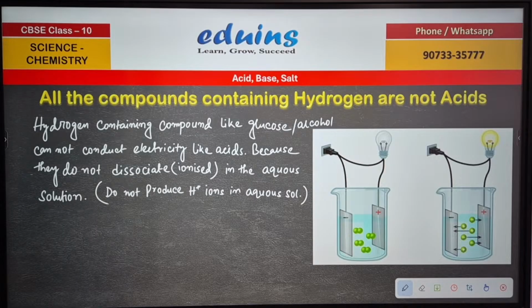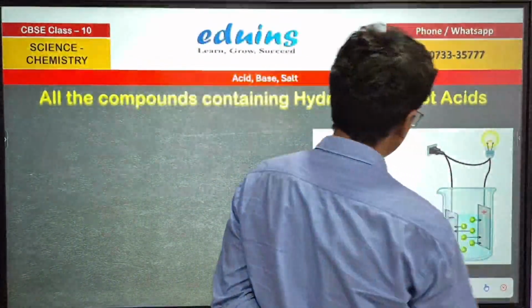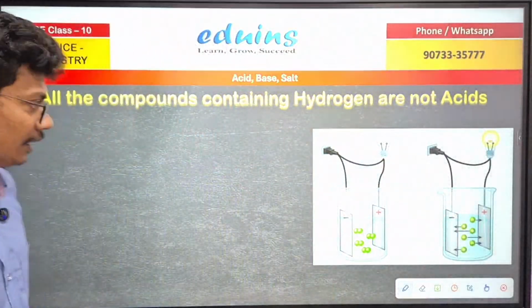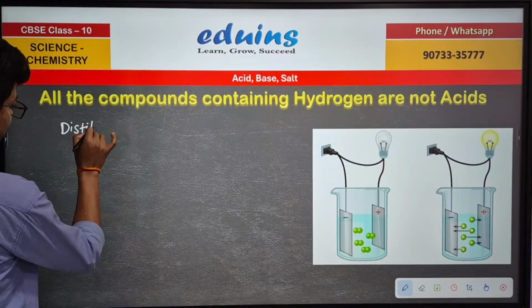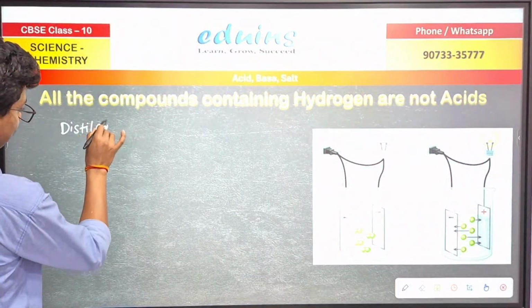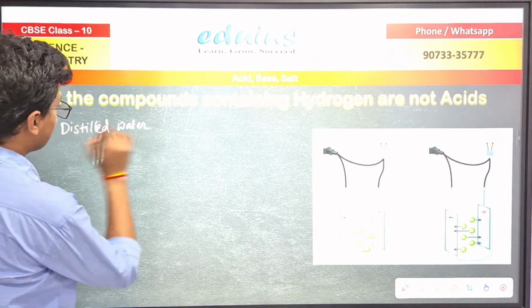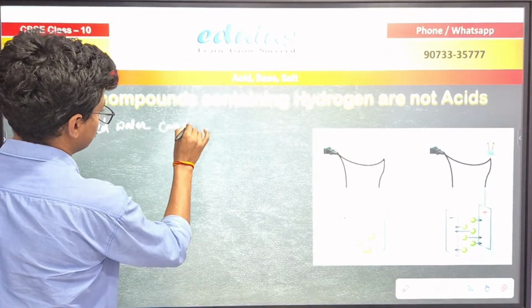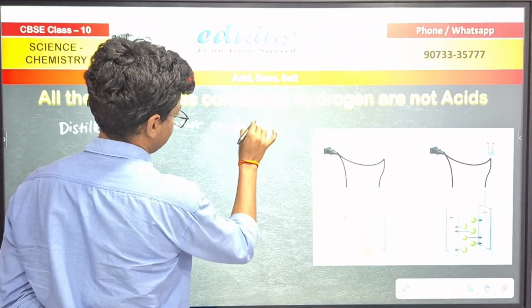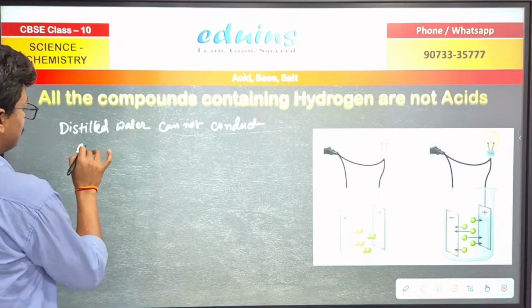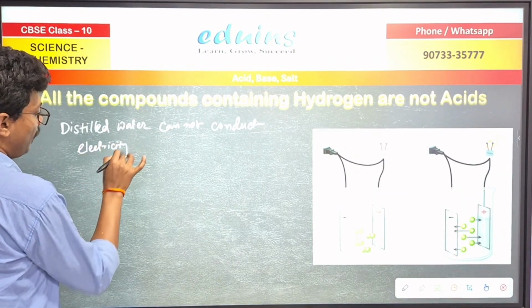ओके चलो, यहाँ पे और एक क्वेश्चन है कि जो प्लेन डिस्टिल्ड वाटर है, ठीक है, cannot conduct electricity. Why?